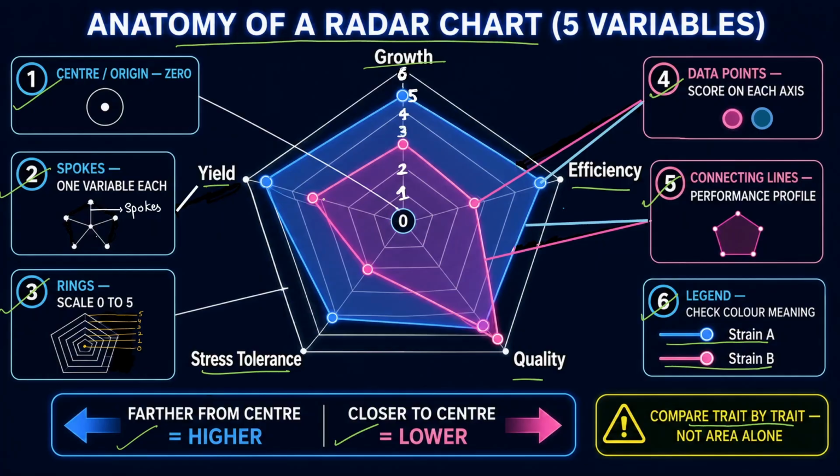The strain whose point lies closer to the center has the lower score. Never decide by looking only at the total colored area because the area may sometimes create a misleading impression. So, the center, spokes, rings, data points, connecting lines, and legends work together to form a radar chart. Read every trait separately and the chart becomes simple to understand.